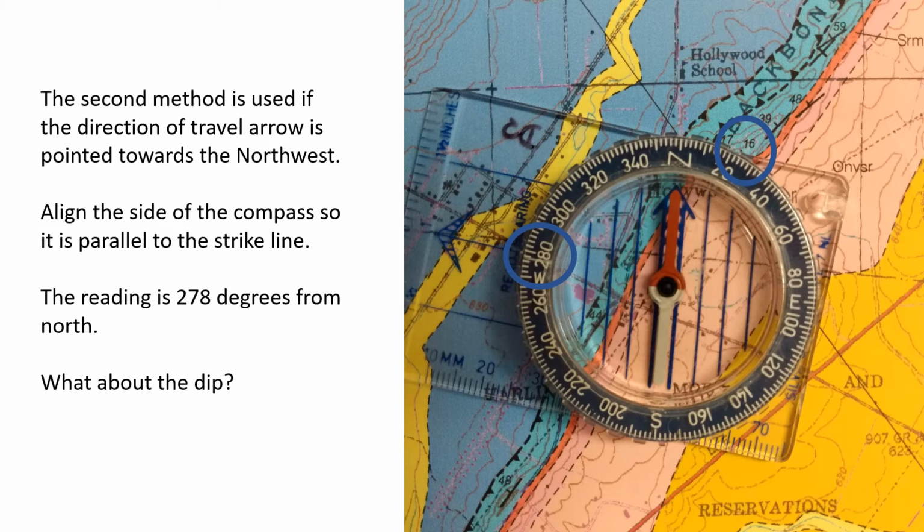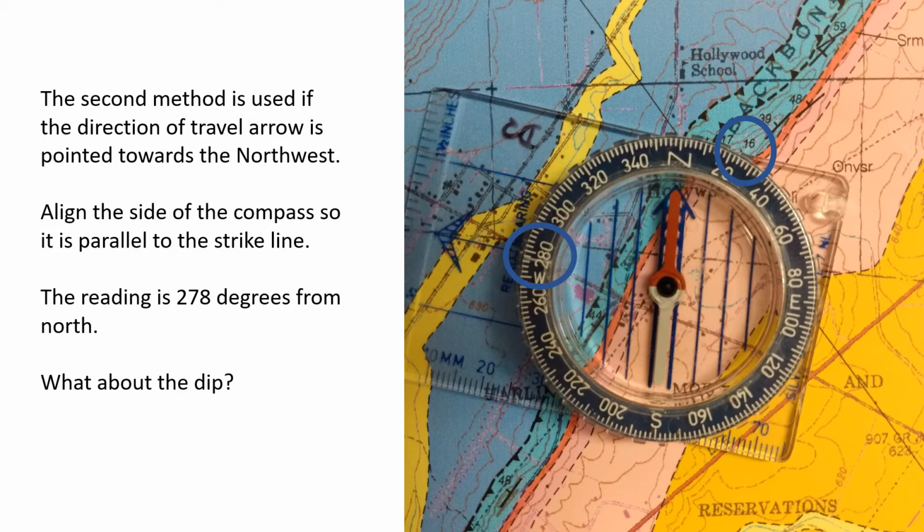Both are pointing north. And we will read the dial at the direction of travel arrow at the left-hand side. We can see the white line on the dial crosses the numbers on the dial at approximately 278 degrees. So the reading is 278 degrees from the north.